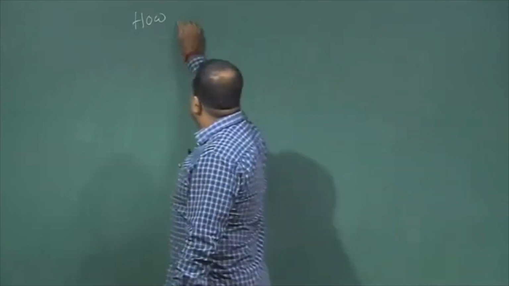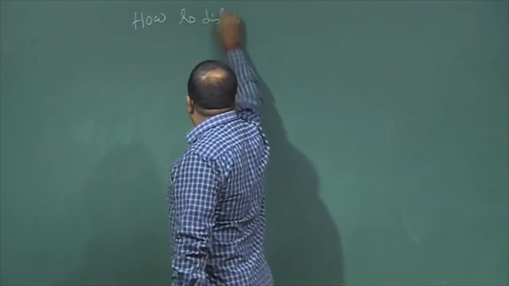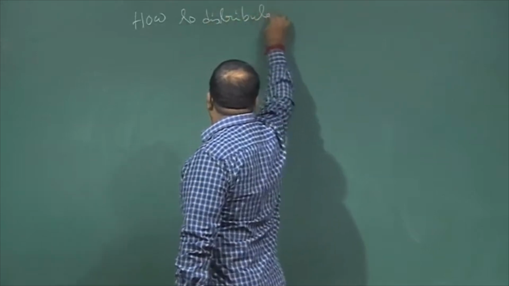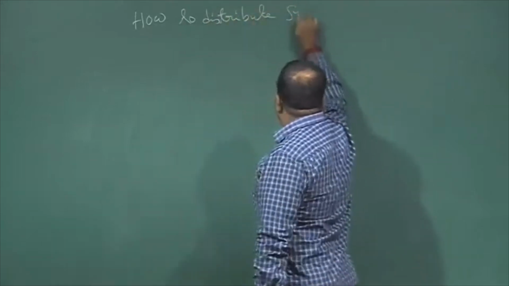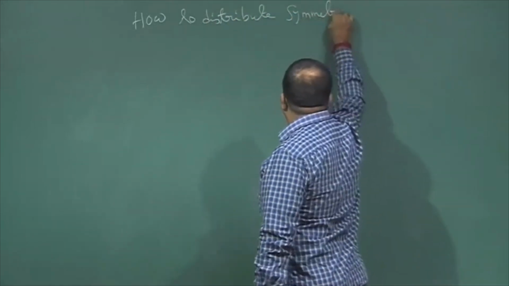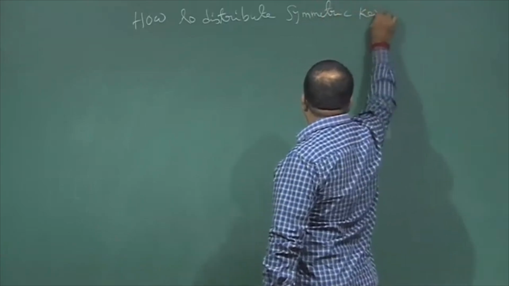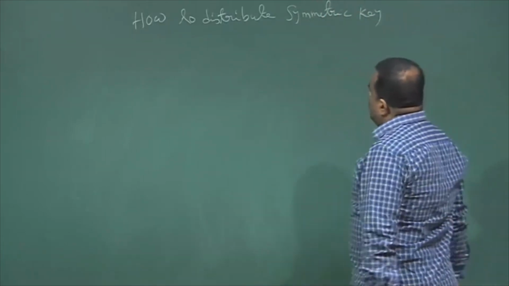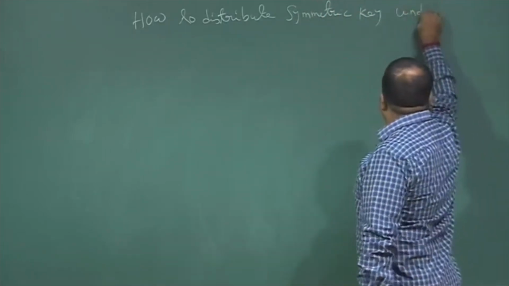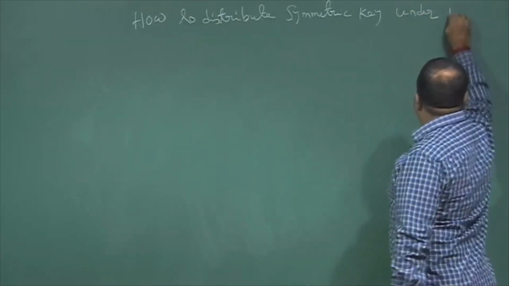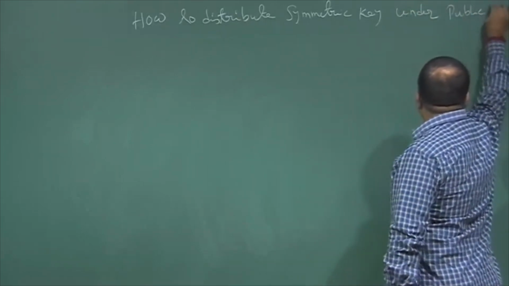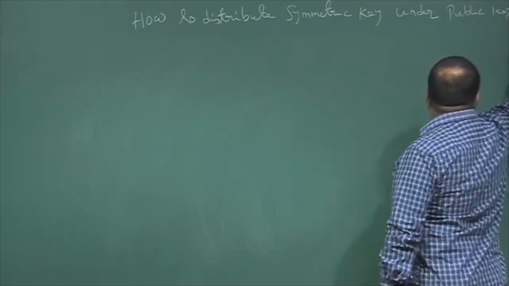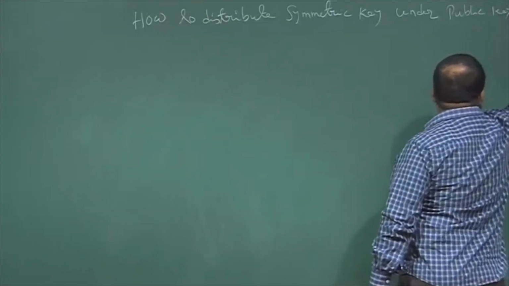So, the question is how to distribute a symmetric key under the public key setup. So, this is the question.